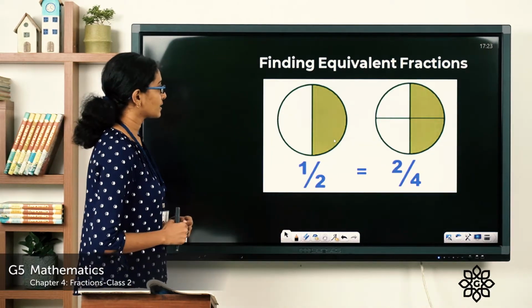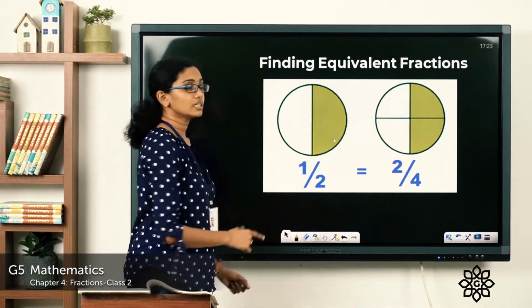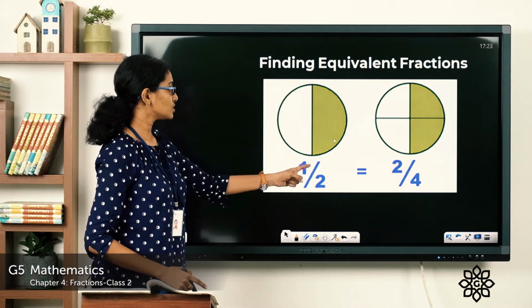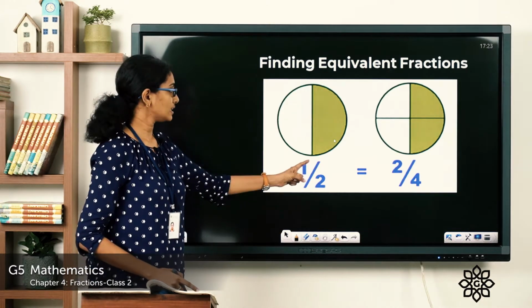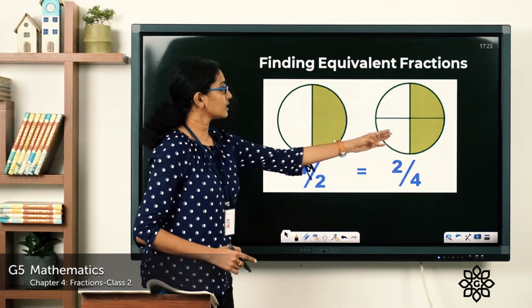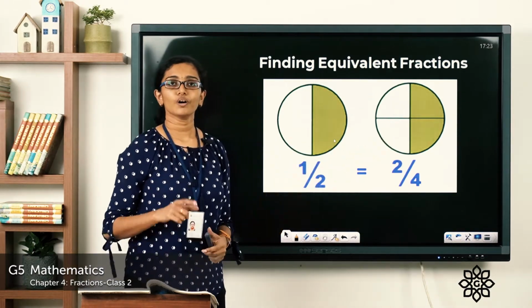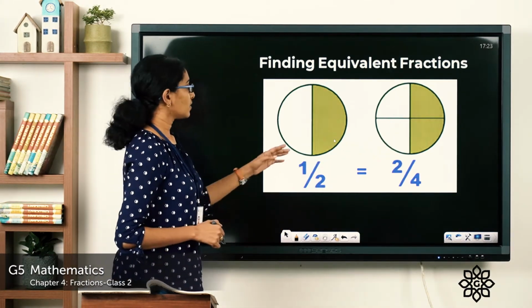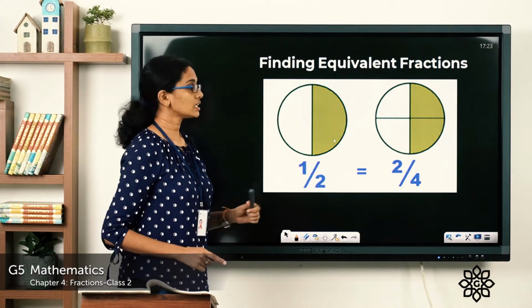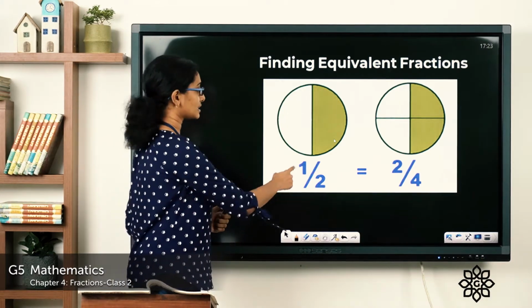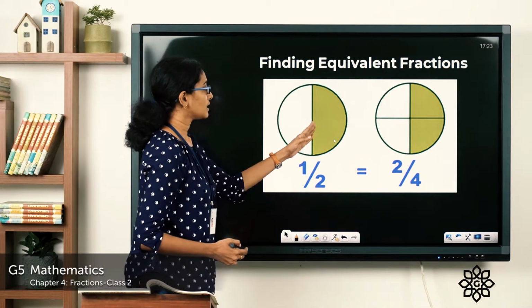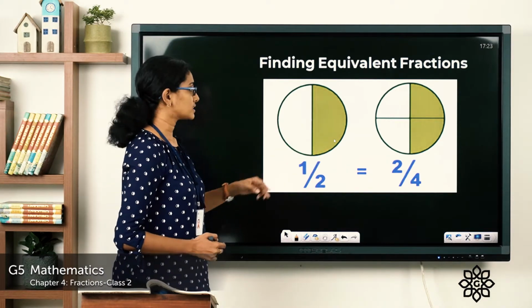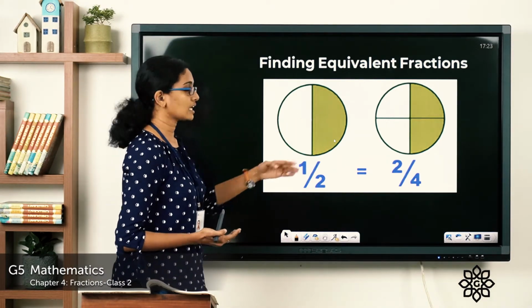Look at this picture given here. Here one circle is divided into two equal parts in the first one, right? And here the circle is divided into four equal parts. Now, what is the fraction of the part colored in green? In this case, one part out of the total two parts is colored in green.